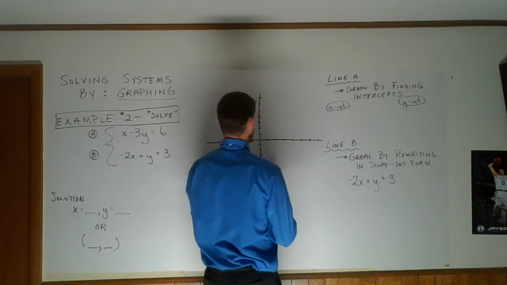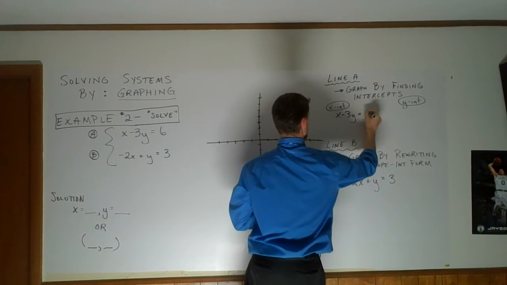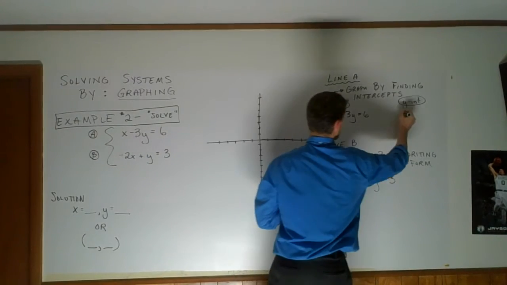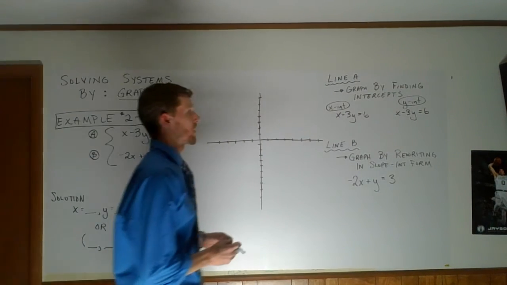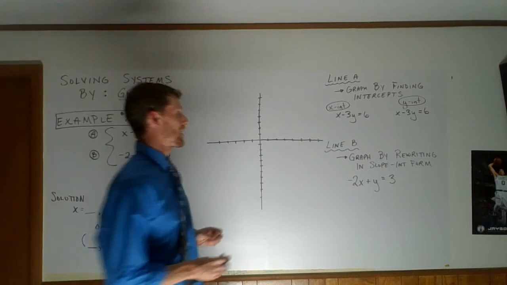The first line, x minus 3y equals 6. We'll write it once there. We'll write it again over here. To find an intercept, we plug in 0 for the other letter.